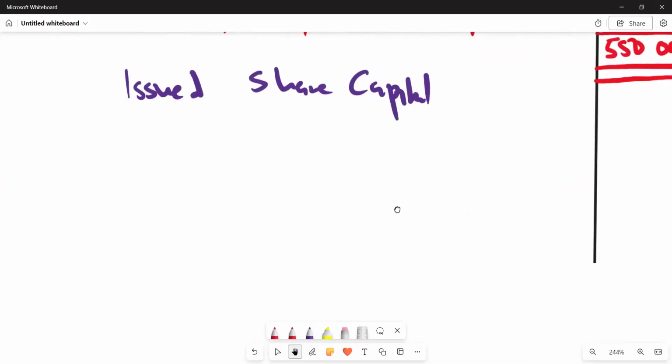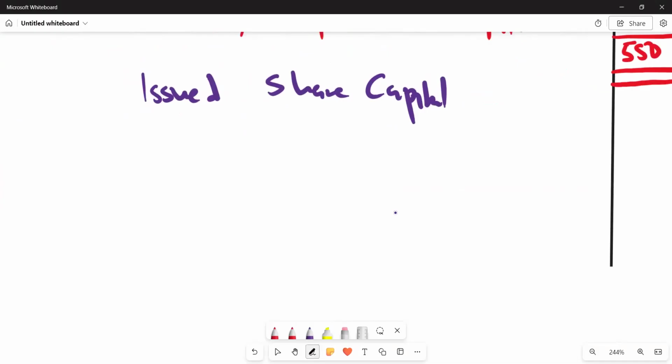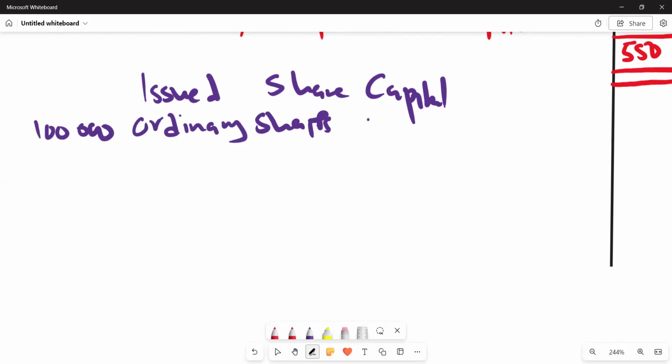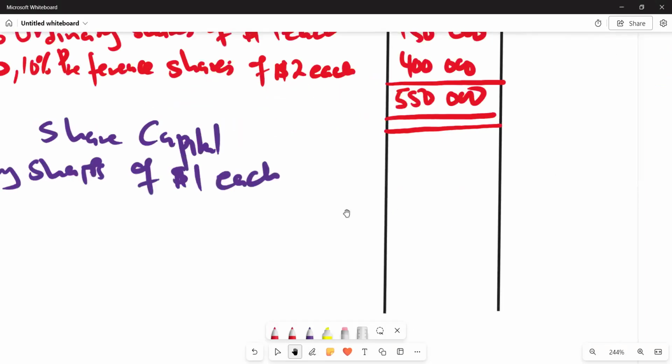So we are saying for the first one, which is ordinary shares, 100,000 ordinary share capital. The shares of $1 each, which are worth 100,000 again. So we put it in the last column now.